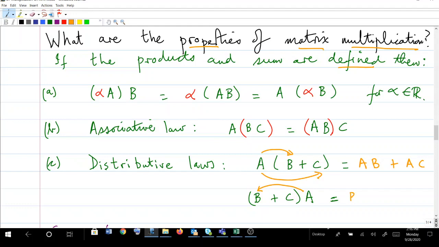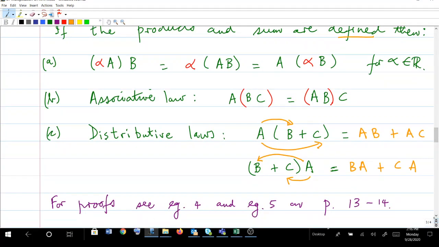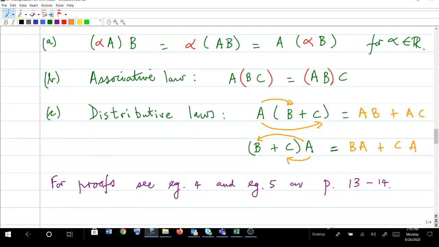So it's going to be BA. The order is important because matrix multiplication is not commutative, plus CA. For proofs, you must see example 4 and example 5 on pages 13, 14 of your notes.